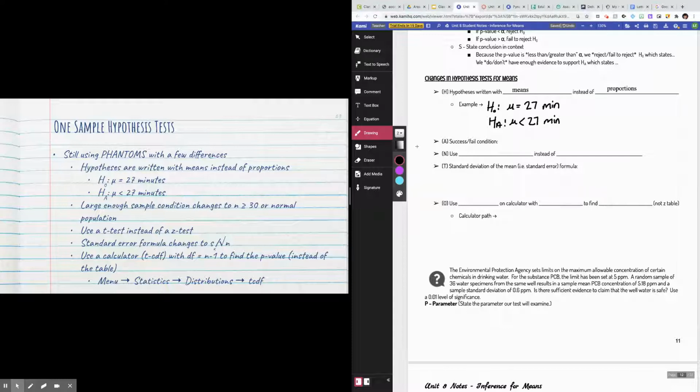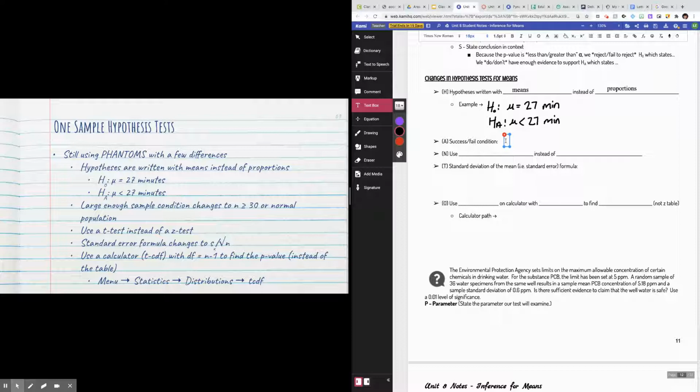Okay, the next thing that is different comes at the A step, the assumption step. The first two conditions, randomness and 10%, are the same. The only thing that's different is the success-fail condition, which I'm hoping you're used to this change by now because it happened with sampling distributions for means, and it also happened when we were talking about confidence intervals for means.